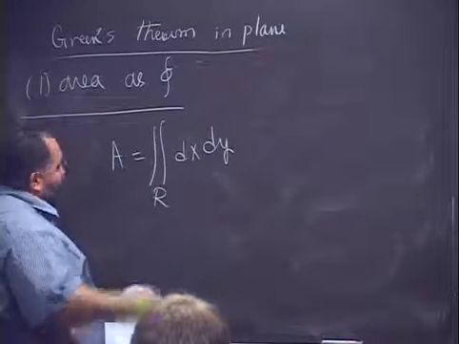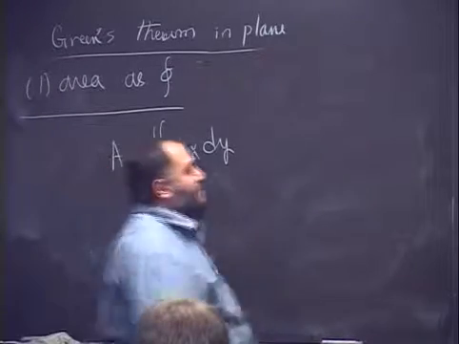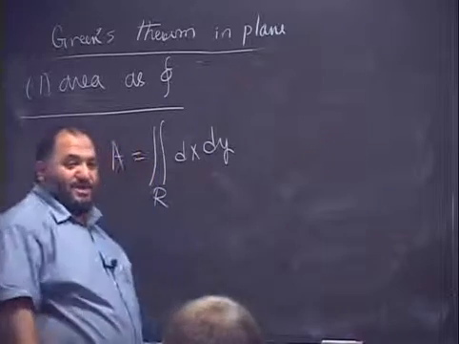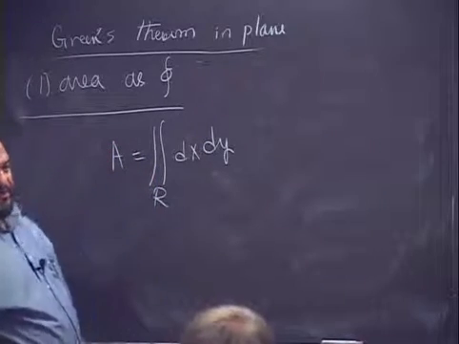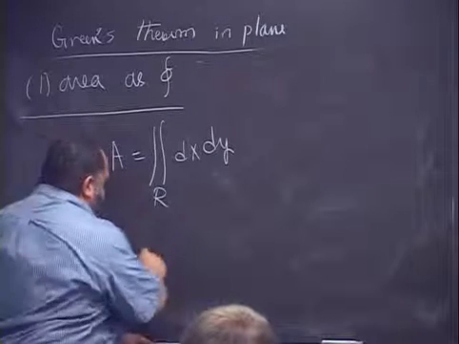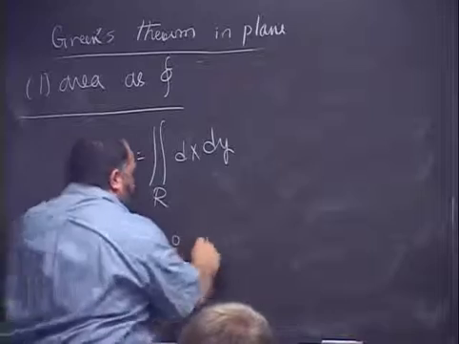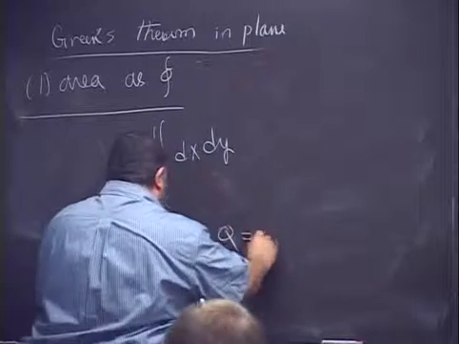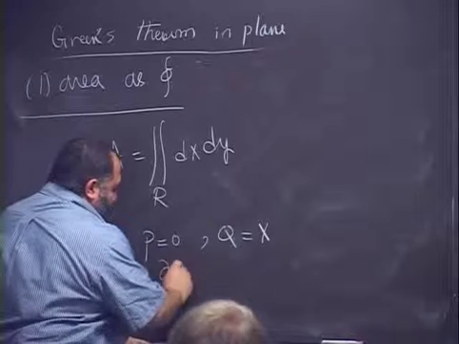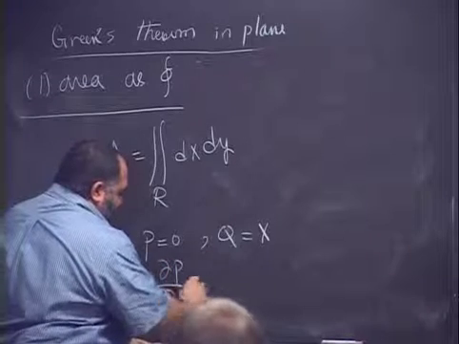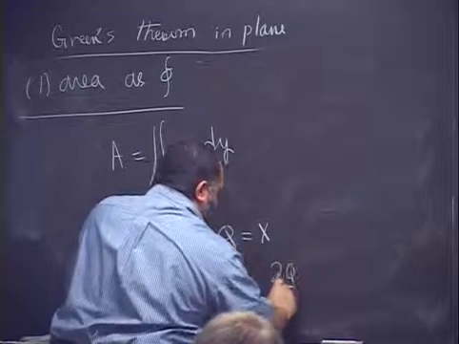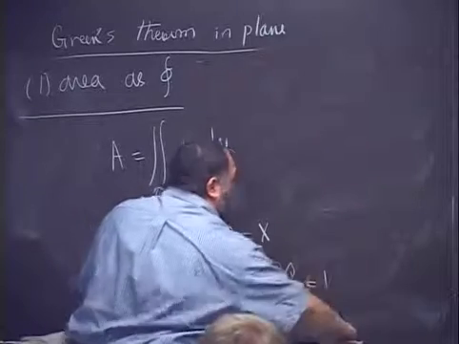And Q and P are any functions, as long as their derivatives exist. For example, let's pick P equal to 0 and Q equal to x. So what's dP by dy? 0. And what's dQ by dx? It is equal to 1.